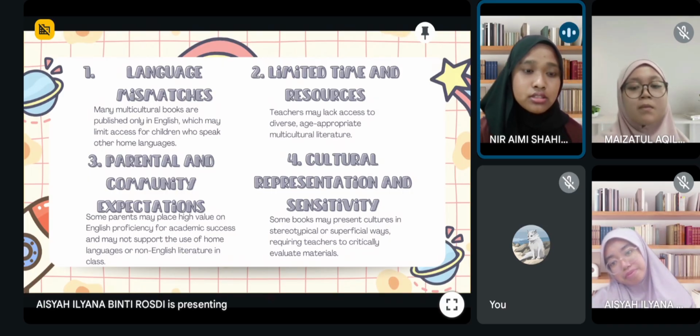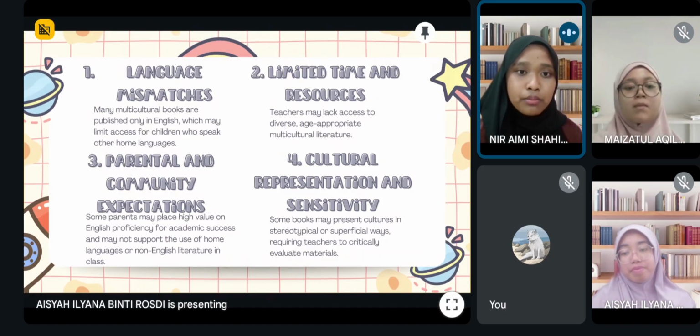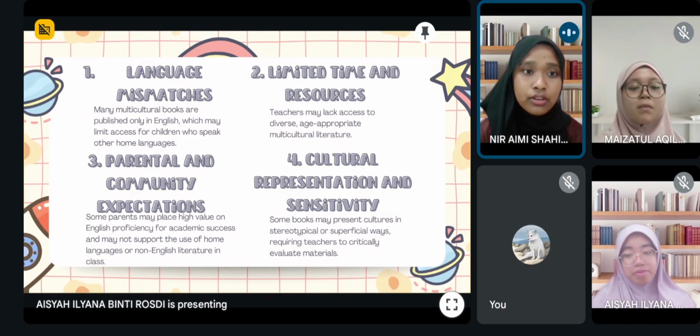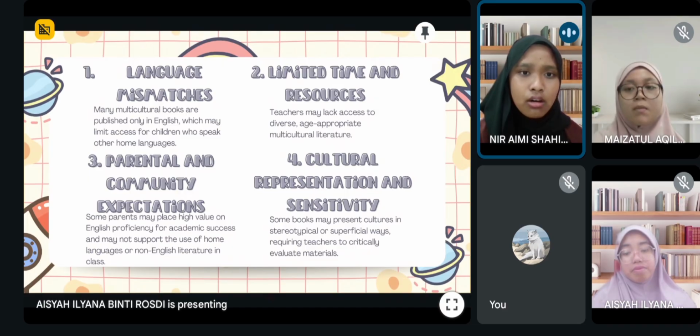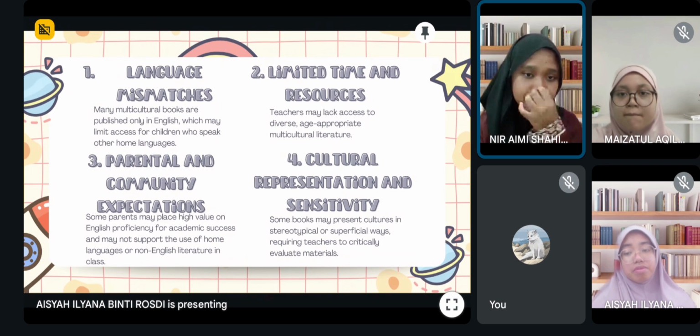In low-resource schools or large classrooms with many language backgrounds, this preparation may be difficult. There may also be a lack of quality multicultural books that reflect the classroom diversity.